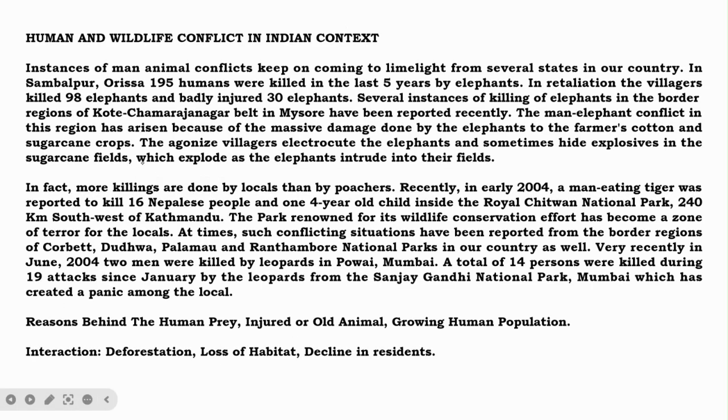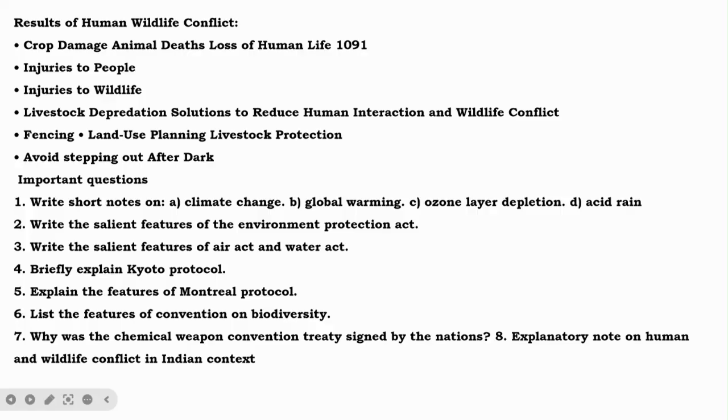The human and wildlife conflict in India. You can just go through the paper. The results of human-wildlife conflict are crop damage, animal death, injury to people, injury to wildlife, and livestock depredation.